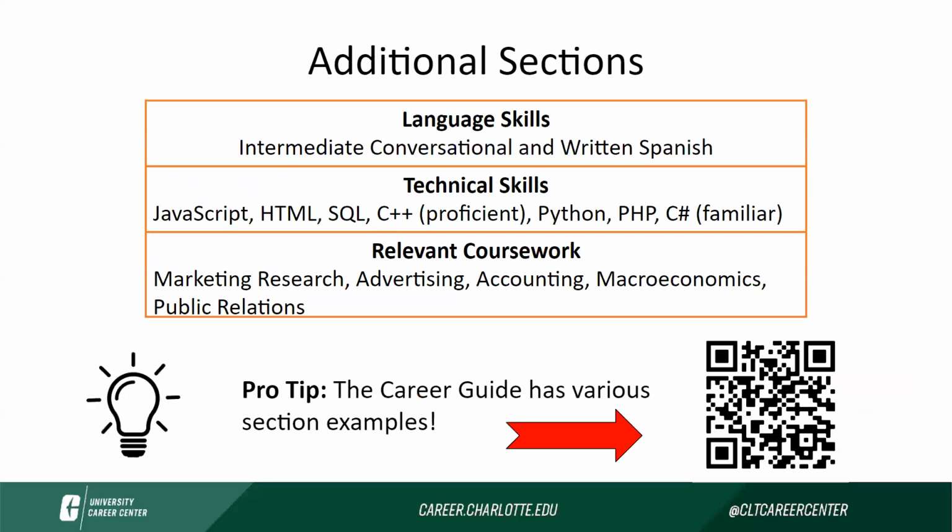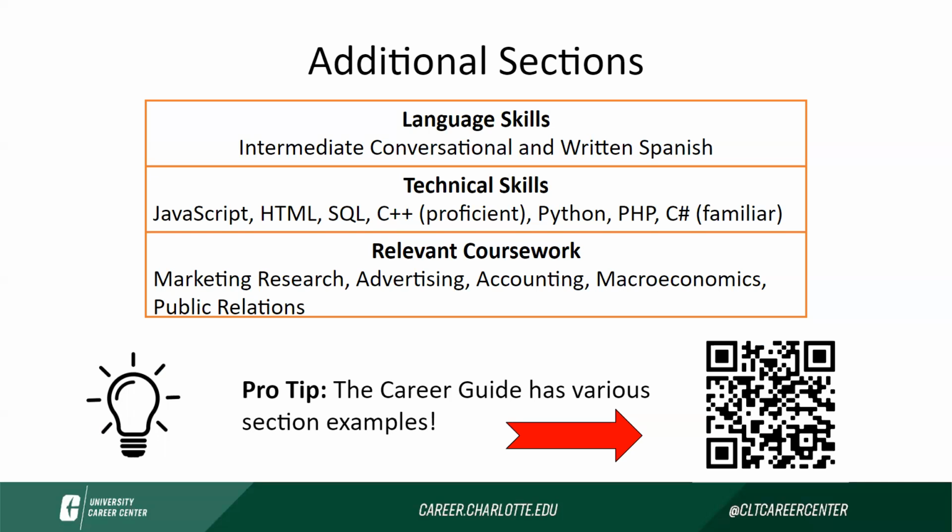And so moving on, these are a couple of additional sections that you can think about that may make sense for you. So for example, if you know languages other than English, you may want to include a language skills section and talk about those different languages and maybe what your proficiency level looks like, and whether that is speaking or reading comprehension or whatever the case may be.